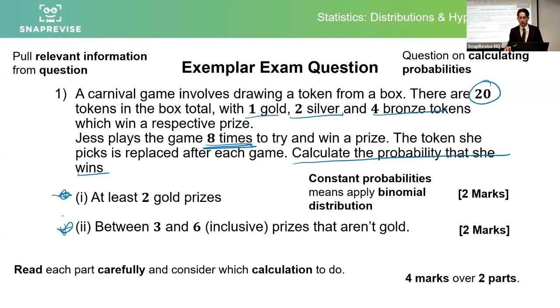So really look out for what N is, how many times she's playing the game. All the other stuff sort of informs us for the probability. So be really careful setting this up. We'll check in a couple of minutes, see how we go. Well done.